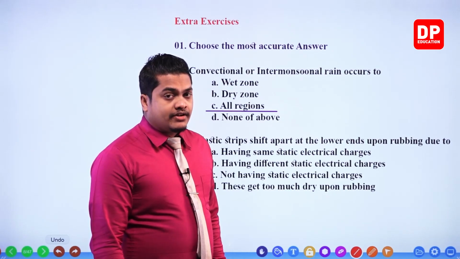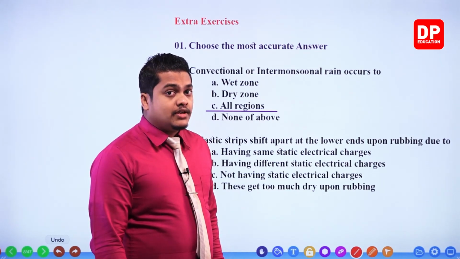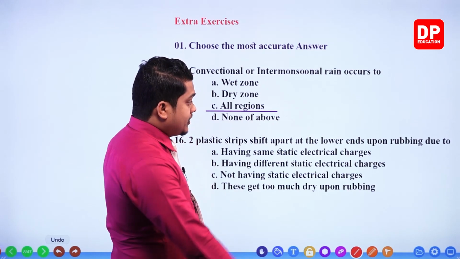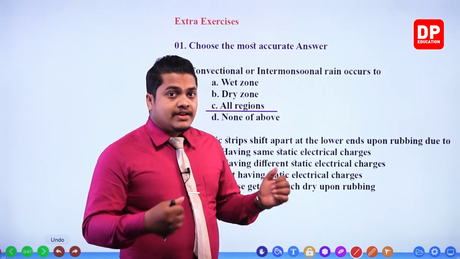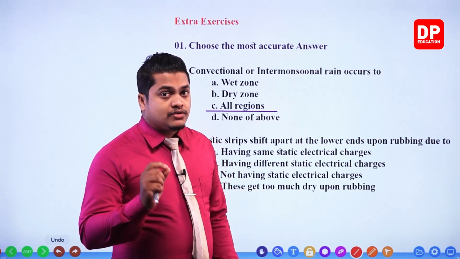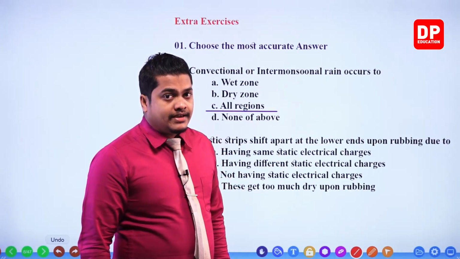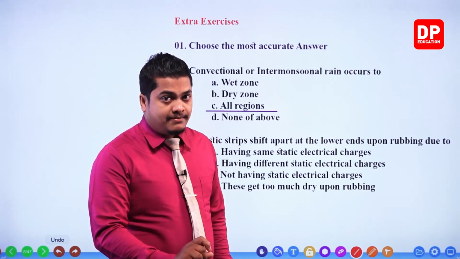You know that static electrical charges are of two types, positive and negative. So, the shift apart means repelling, and the repelling is going to happen mainly because of having the same type of static electrical charges.